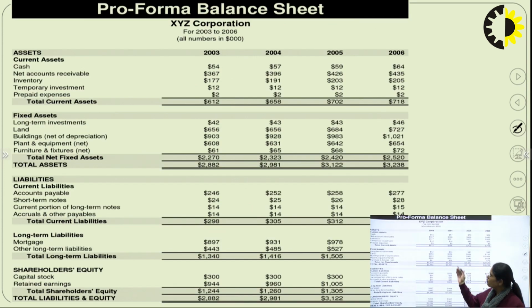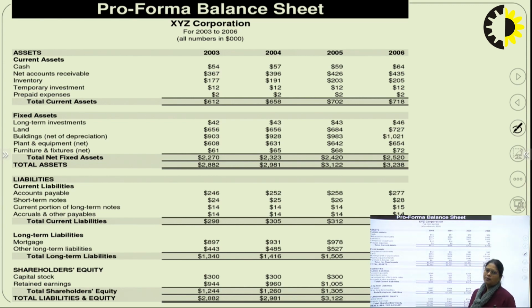So, this is the pro forma of any company. An example is given here to create a pro forma balance sheet of the company XYZ. As we have already discussed, in the balance sheet we have calculated the total asset value and total liability value.